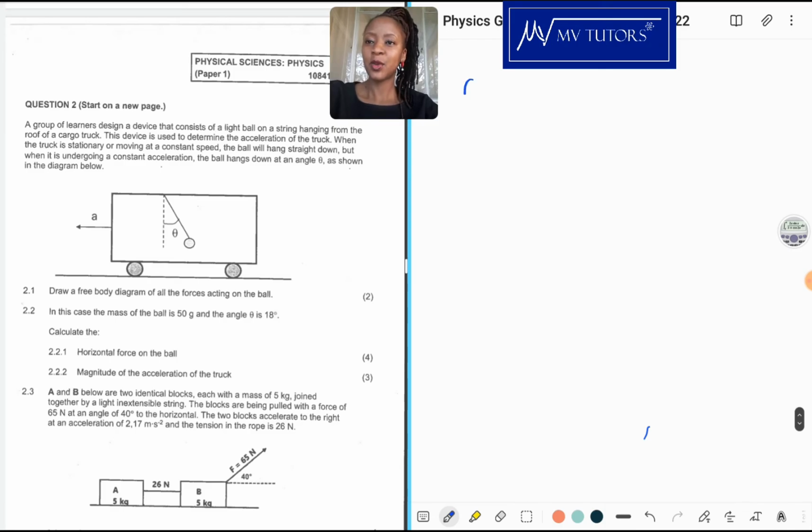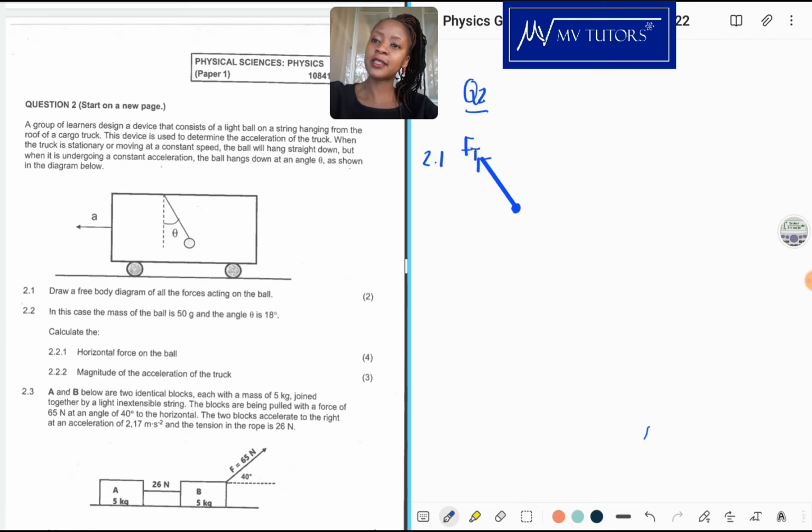So, question 2.1. You have our ball over there. Firstly, we can see there's tension in the string, because the ball is connected to a string. So the tension is in that direction.